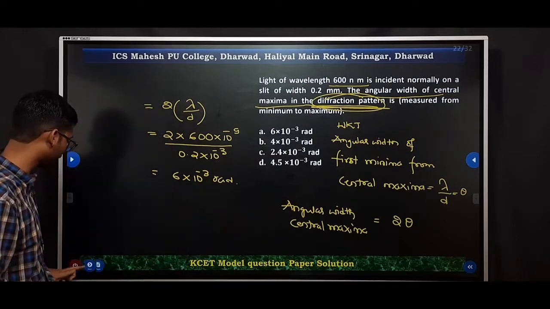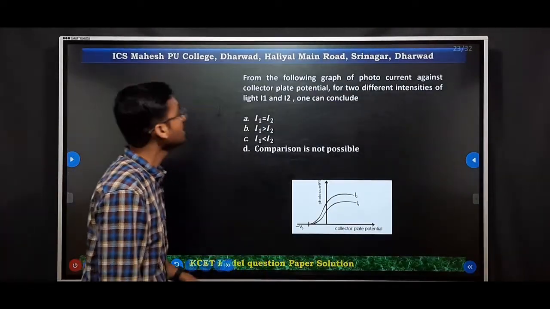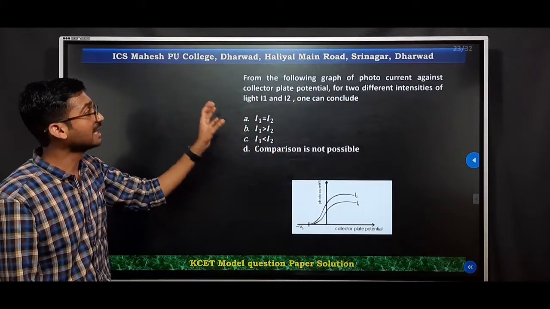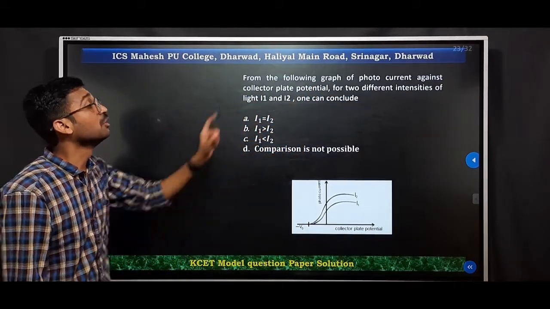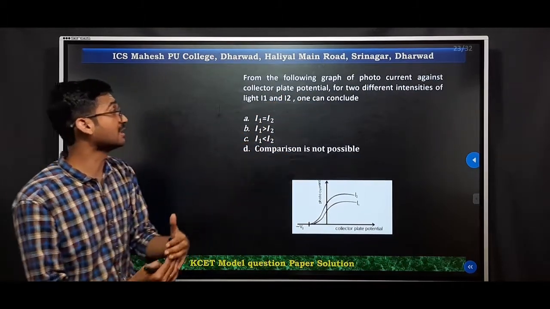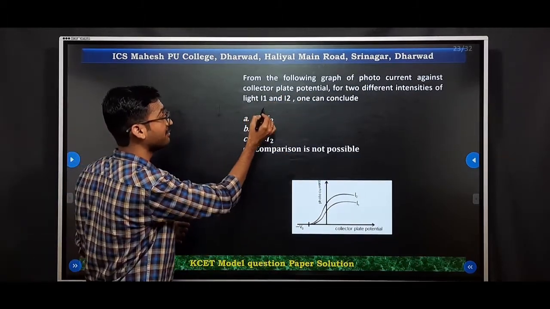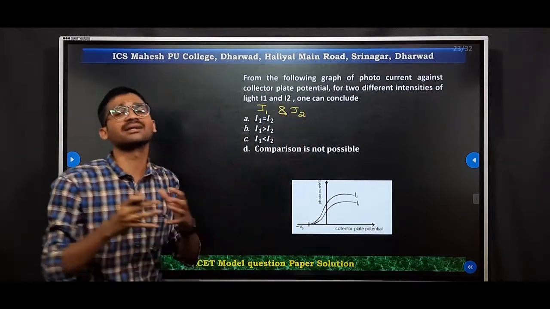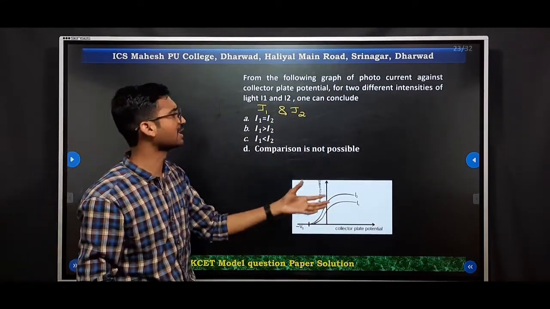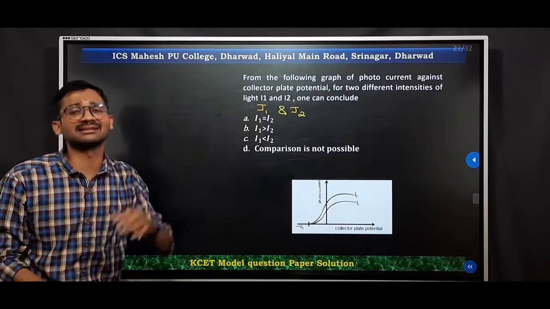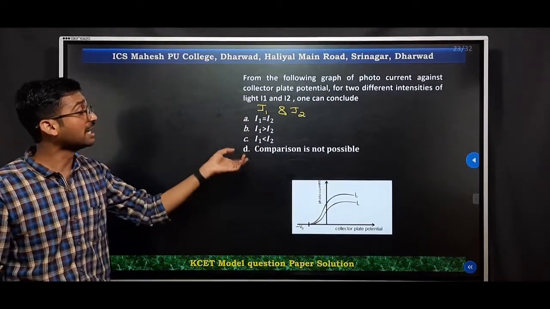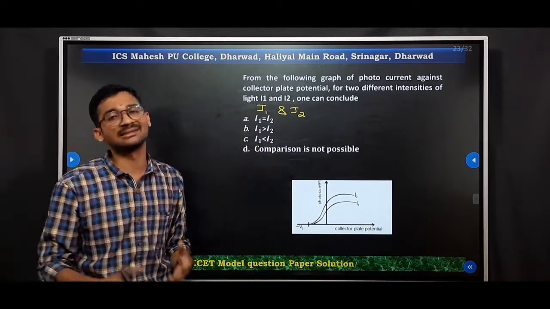Moving on to the next one. From the following graph of photocurrent against collector plate potential for two different intensities of light I1 and I2, one can conclude, means observing the graph, which one is a suitable answer they are asking: I1 is equal to I2, I1 is greater than I2, I1 is less than I2, or comparison is not possible.